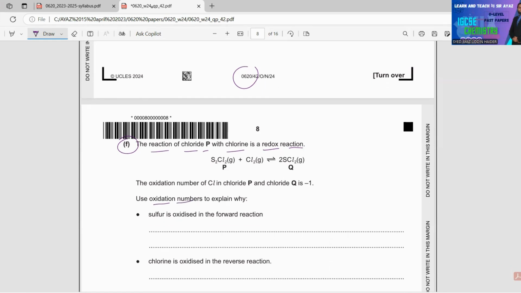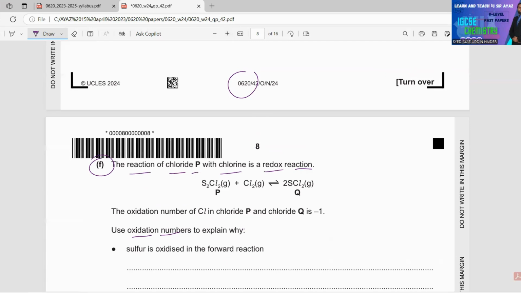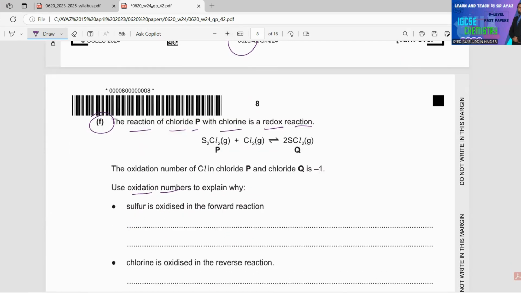So first of all, I am going to write the oxidation number of Cl in both P and Q. They said -1. Now they are saying sulfur is oxidized in the forward reaction. So we need to find the oxidation number of sulfur in S2Cl2 as well as in SCl2.